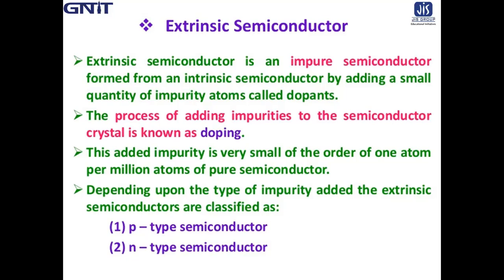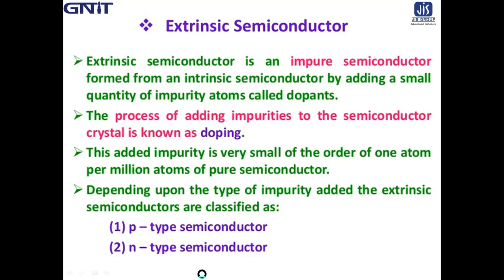For example, if a pentavalent impurity, meaning a group 5 element in the periodic table, like phosphorus or arsenic, is introduced into tetravalent silicon, then the semiconductor would be N-type.